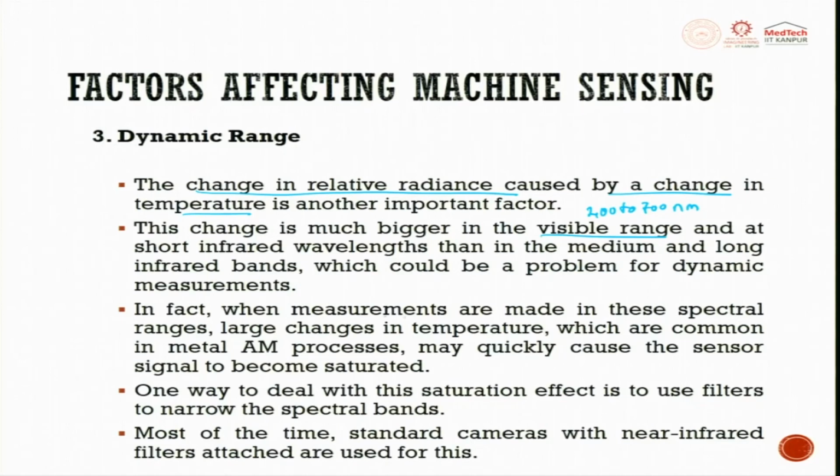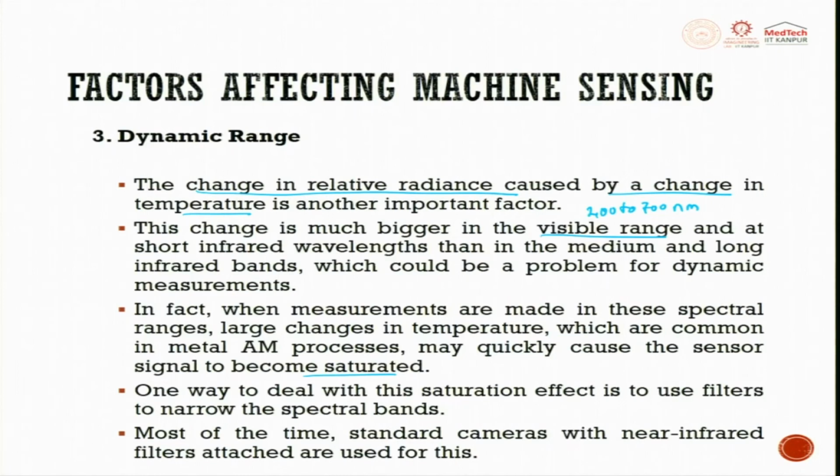In fact, when measurements are made in these spectral ranges, large changes in temperature which are common in metal additive manufacturing may quickly cause the sensor signal to become saturated. See, what we are trying to say is all the sensors will have a range with which it can work, and this range is the frequency and the absorption.